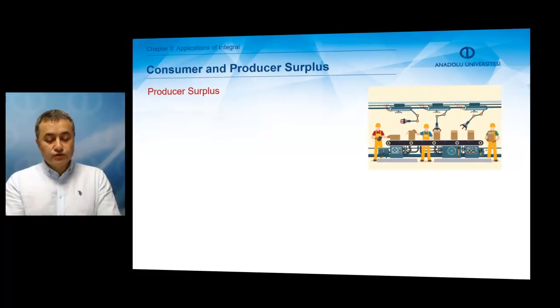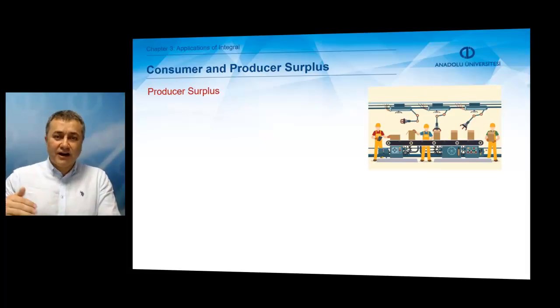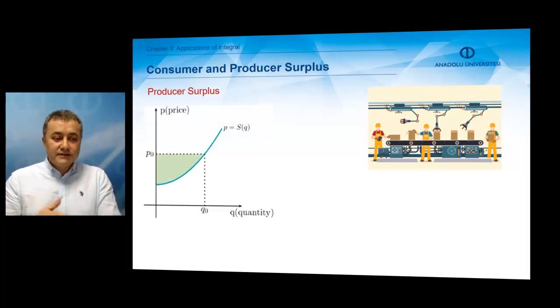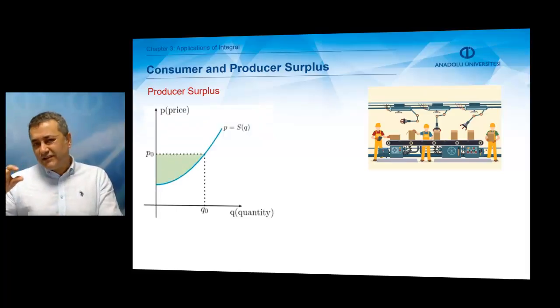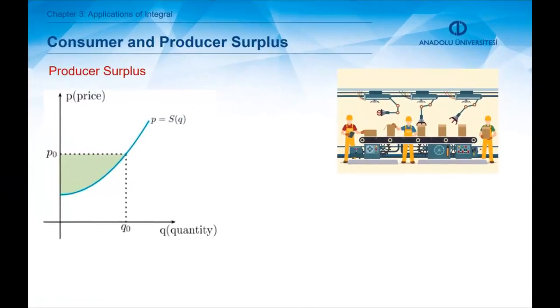Just like the consumer surplus, we can define the producer surplus. If a producer who's willing to sell a product may sell his or her product at a higher price, then this difference between the prices and the money this producer is going to get is called the producer surplus. So if S is the supply curve and P naught and Q naught are the price and quantity respectively, the producer surplus is defined as the integral.